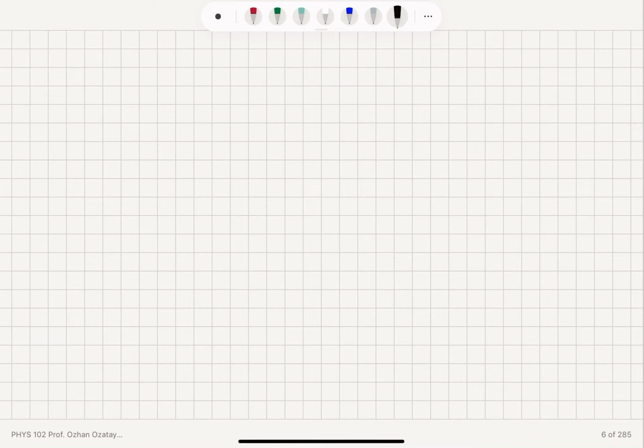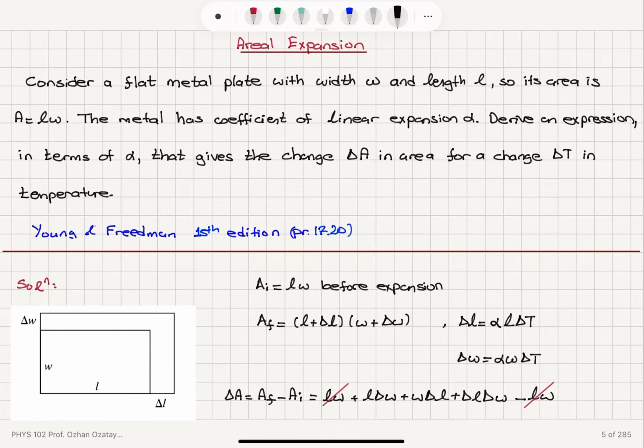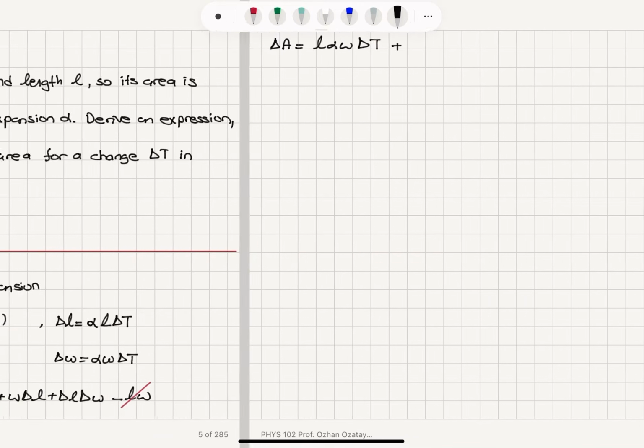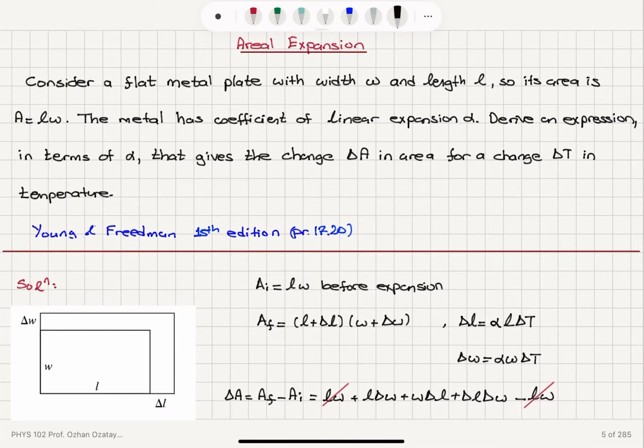Delta A is equal to L times delta W, where delta W is alpha W delta T, so we can substitute that here. So this will be L alpha W delta T, which is L times delta W, plus then we have W times delta L, the second term.